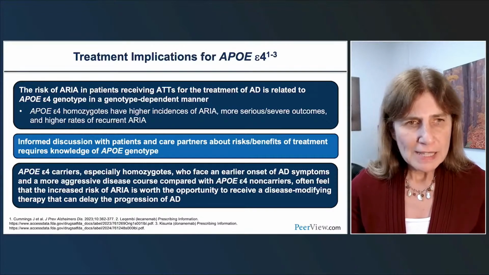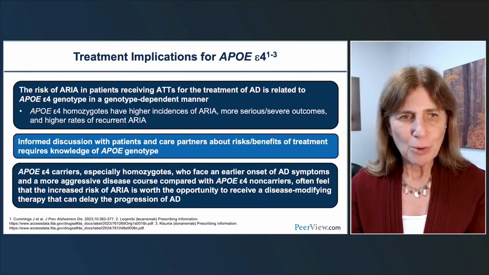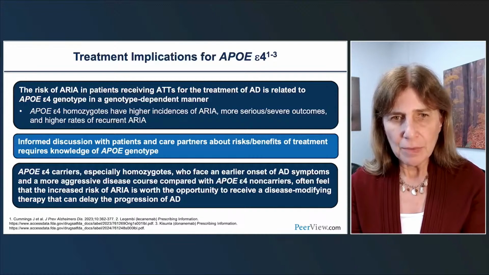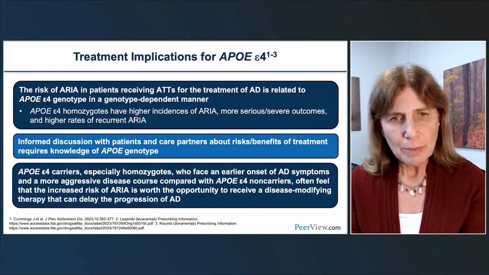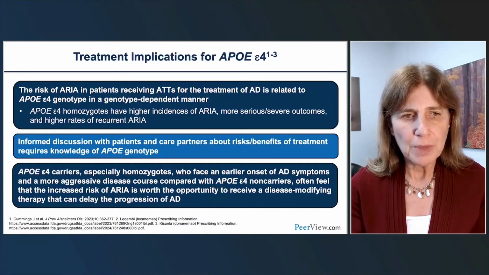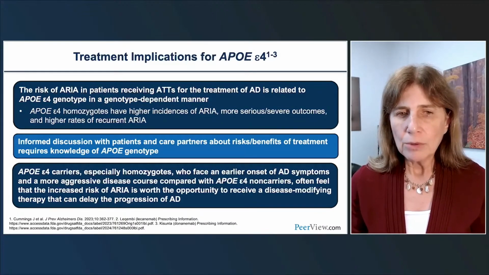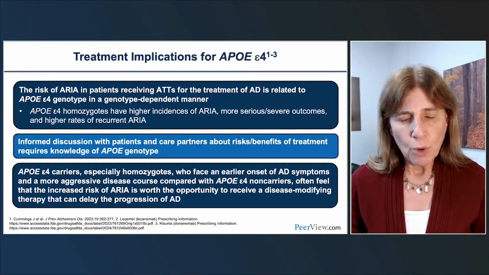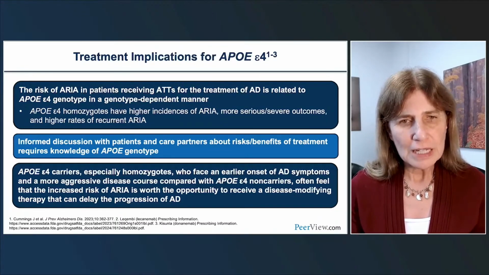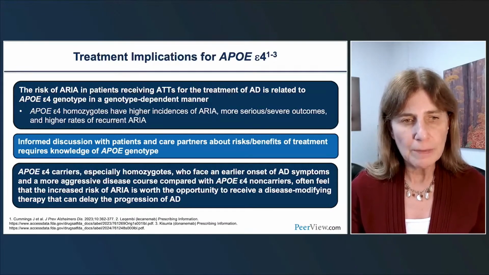But regardless of antibody, there's this trend that the greater copy number of ApoE4 you have, the higher risk of having ARIA, it may tend to be more severe, and you may have more recurrence of ARIA. And so it's important to speak with patients and families about this risk. And if one knows one's genotype, then it makes the risk benefit discussion easier because you can point to exactly what the risks are with each antibody.